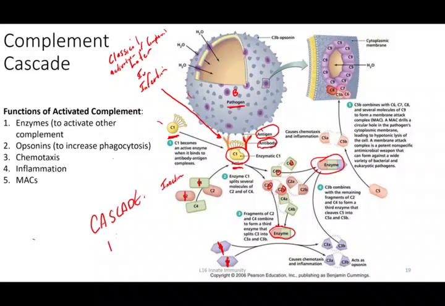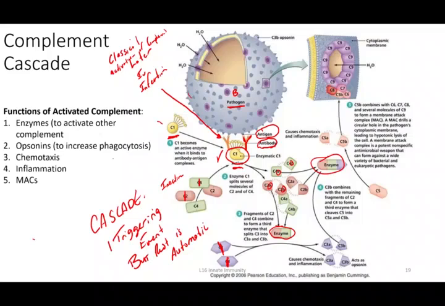So you have one triggering event, but the rest is kind of automatic, meaning that this is the only thing that you have to do. And so you can think of it as dominoes.